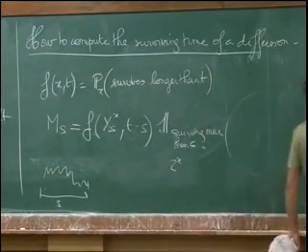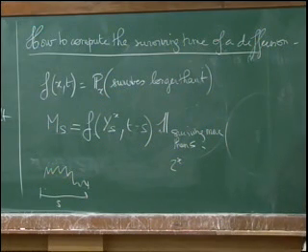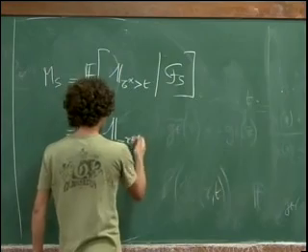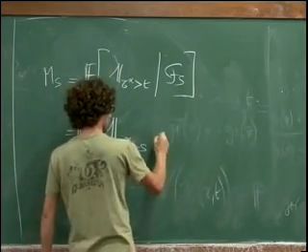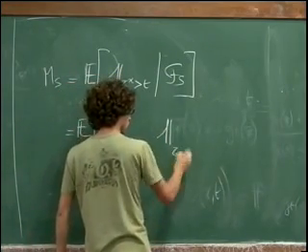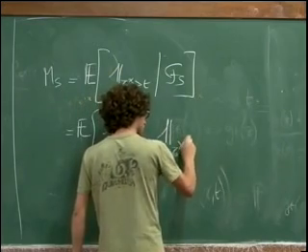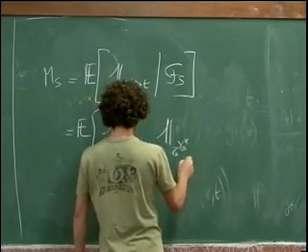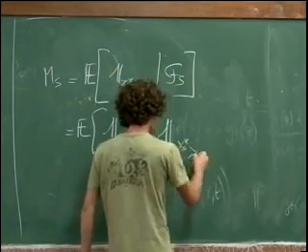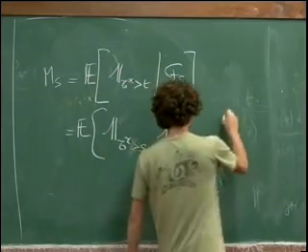So how do you prove that? You just divide this thing. You say that the indicator of tau_x bigger than s times the indicator of tau starting at y_x(s) of the surviving time being larger than t minus s.